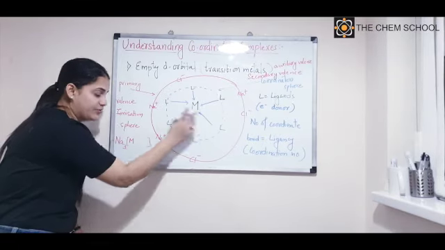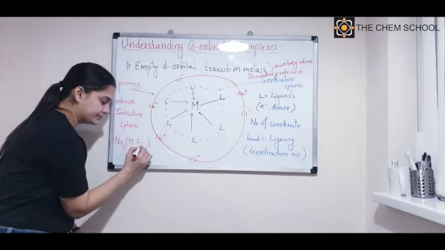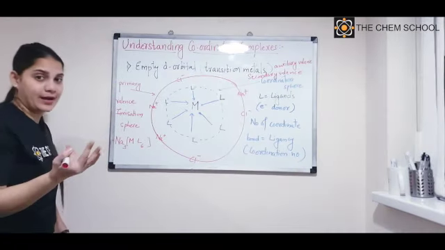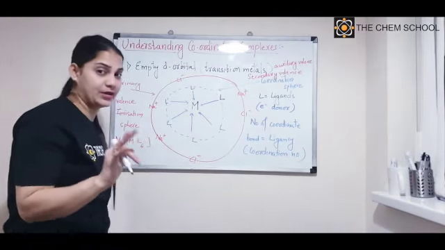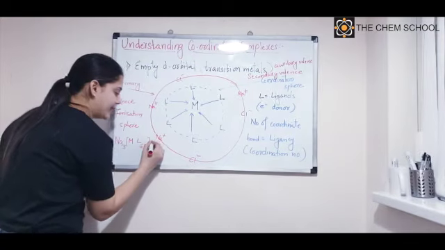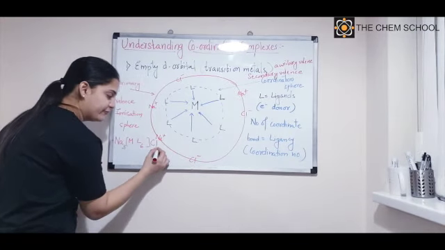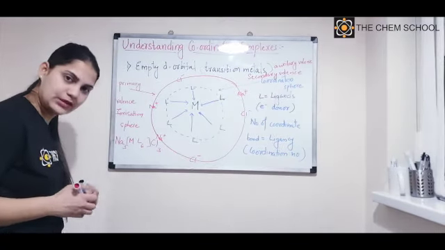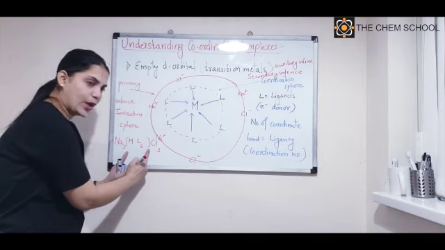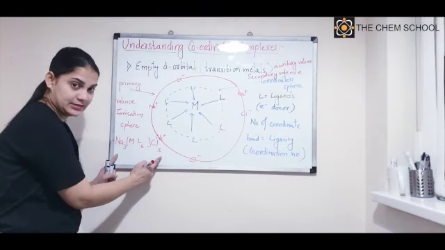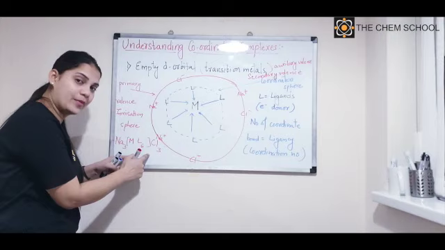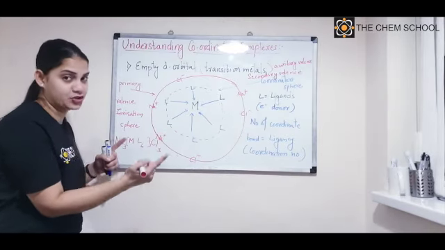How many ligands do we have? We have 6, followed by the anion of the primary valence. The anion is Cl minus. How many do we have? 3. So outside the square bracket you have the primary valence, and inside the square bracket you have the coordination sphere.